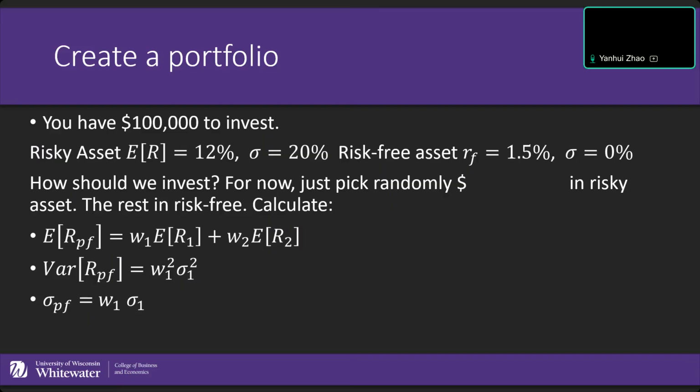How could we allocate money between the risky asset and the risk-free asset? We can allocate, let's say, 100% on T-bills, right? I can invest 100,000 in T-bills.